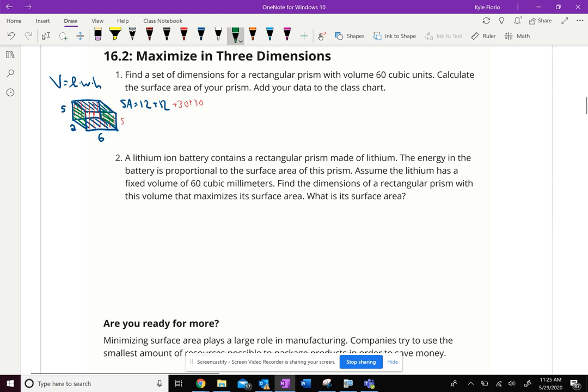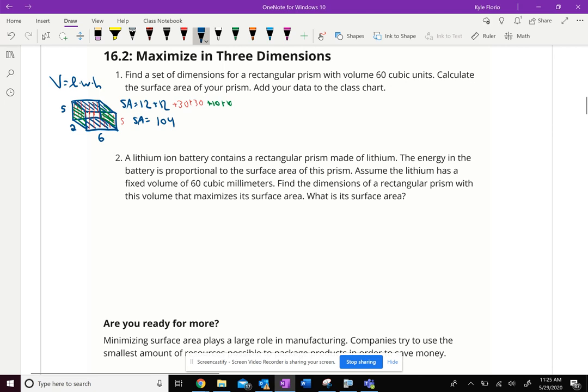This one's also going to be 2 by 5, so that's 10 and 10. So the surface area of that shape is 30, 60, 70, 80, 90, 102, 104. The question is, if we fix the volume at 60, can I alter these dimensions to make the greatest possible surface area?